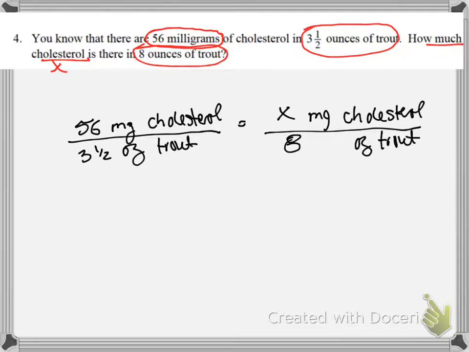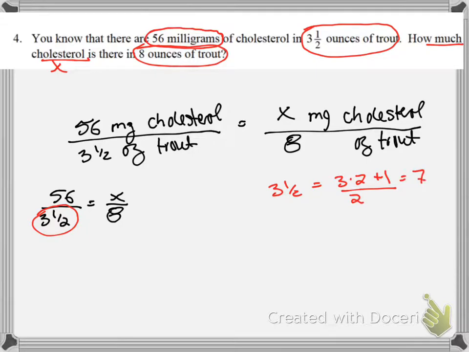So take a minute, look at this proportion here, and see if you can figure out what we need to do first. And think about the examples we did in the previous video. If you said that we need to fix this mixed number first, then you are correct. Our 3.5 needs to become 3 times 2 plus 1, which is 7/2.